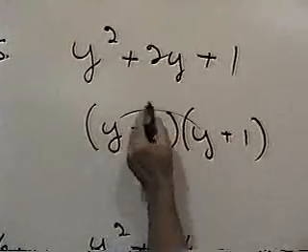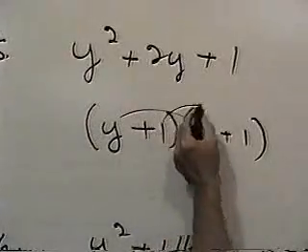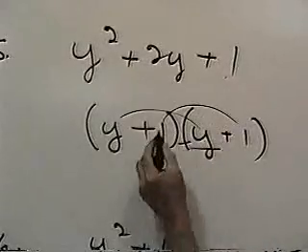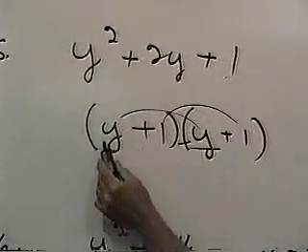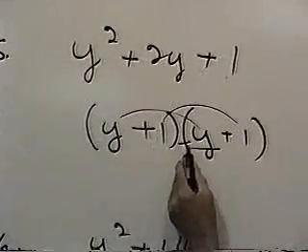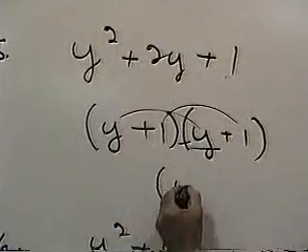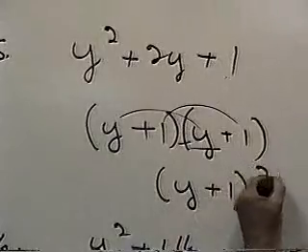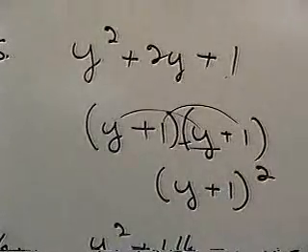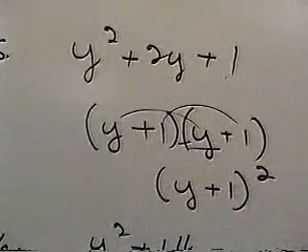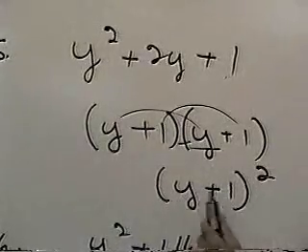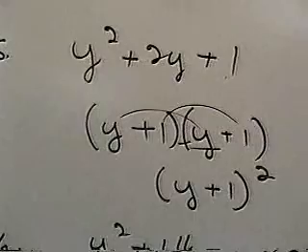Okay, y times y, first times the first, last times the last, checks out. But I want you to see this. Whenever this factor is the same as this factor, then learn to write that as that. If you come out and these factors are the same, then you write it like this.